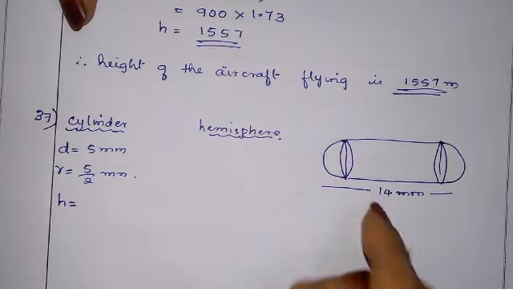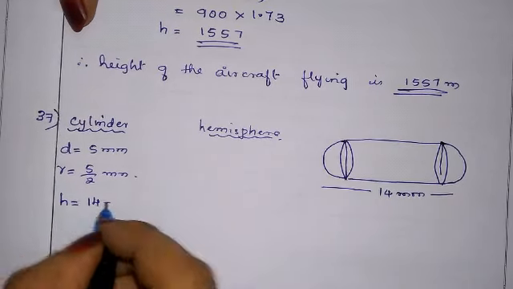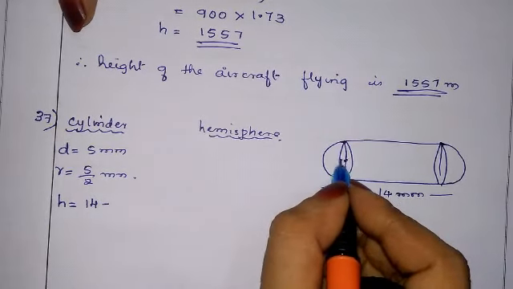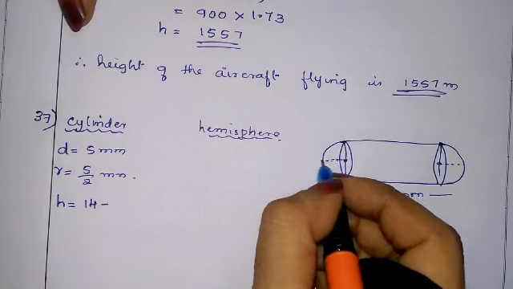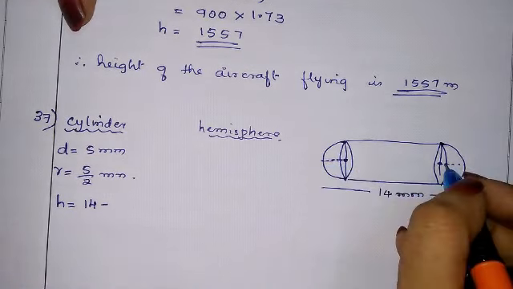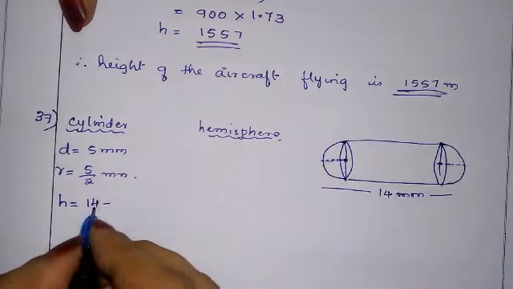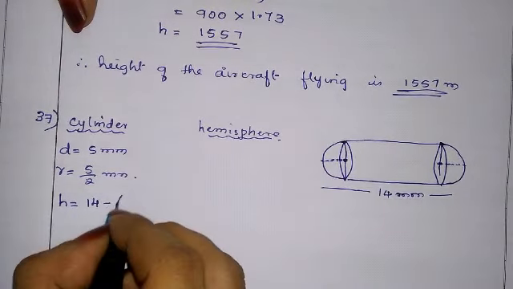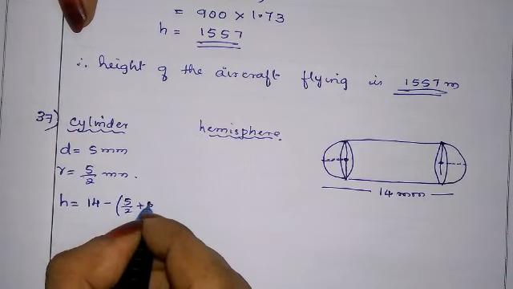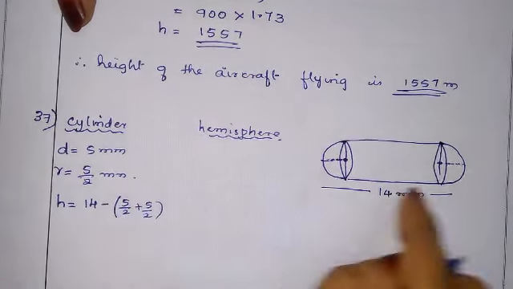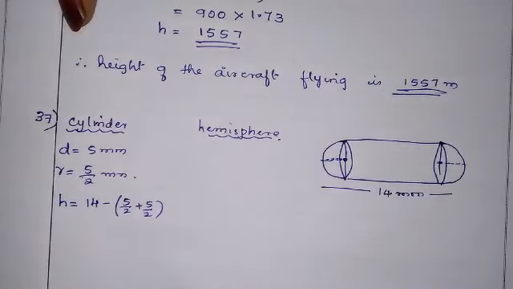Height is nothing but 14, total height minus, we have to remove the radius of these two hemispheres. Height of the hemisphere is nothing but radius. We can see here, 2 radius we have to minus from 14. Radius is 5 by 2 plus 5 by 2. So 2 radius if we remove, we get the height of the cylinder.